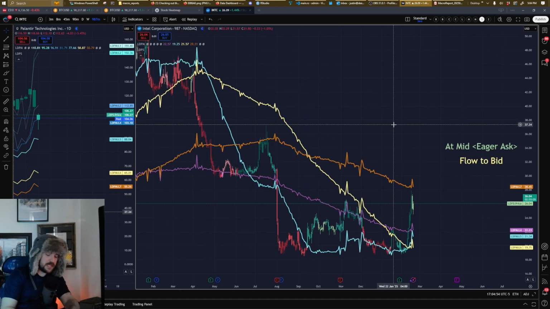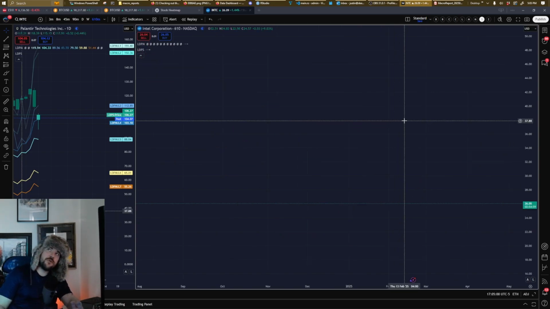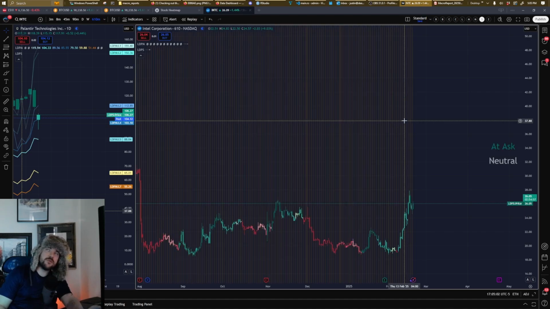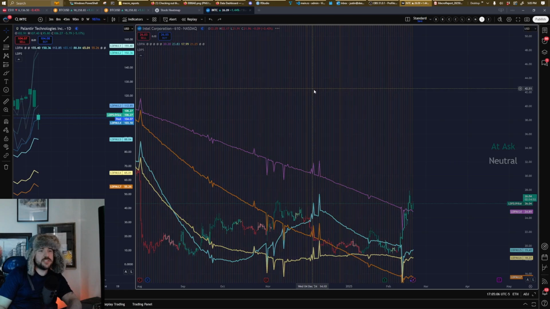This might be the messiest kind of environment I've seen. What's the 610, right? So from that view, it looks like the bullish liquidity was diminishing.